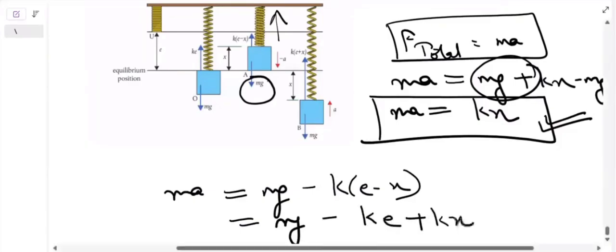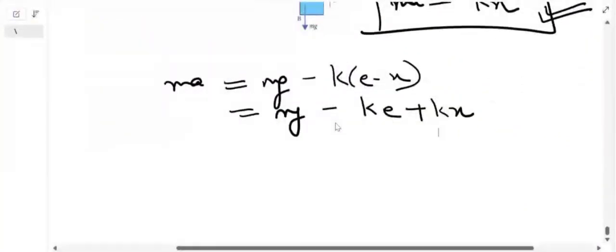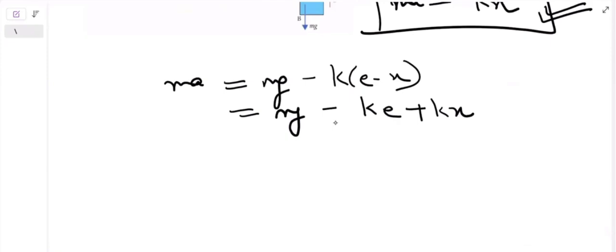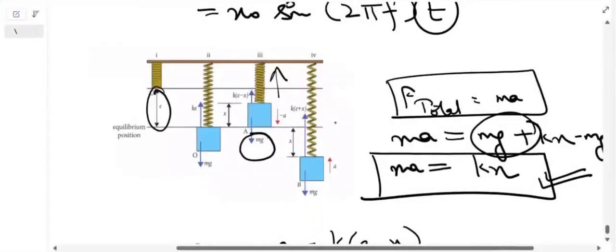Similar way, you can also write mg minus, I'm just solving this now. Just check if you are facing any doubts. Yes, ma'am. So here mg minus ke plus kx. So what is the value of your ke? In the second picture, you will observe that your ke is balanced by mg, correct?